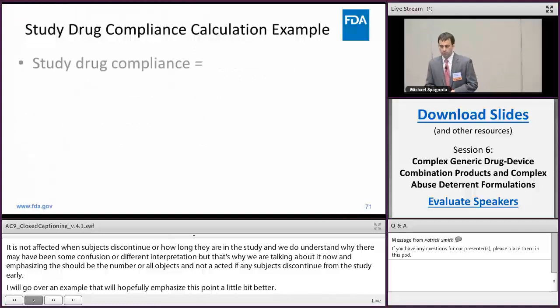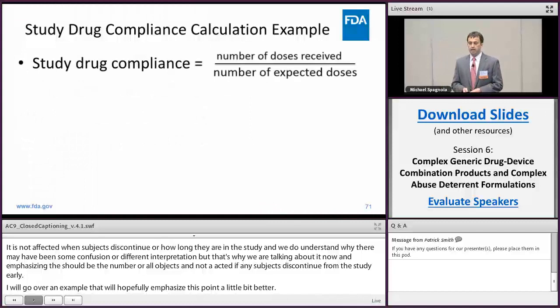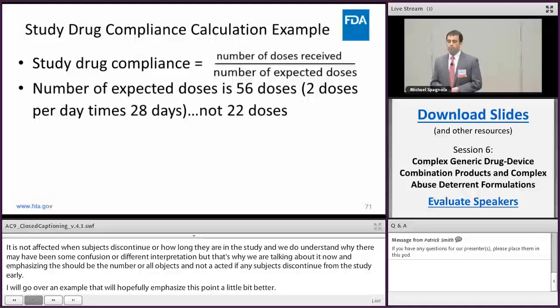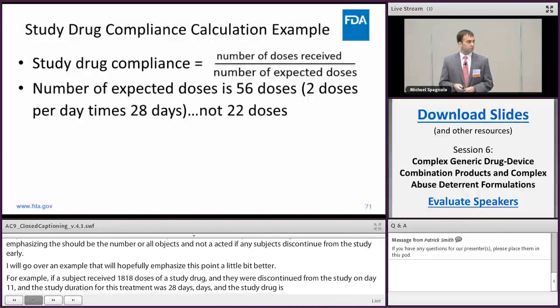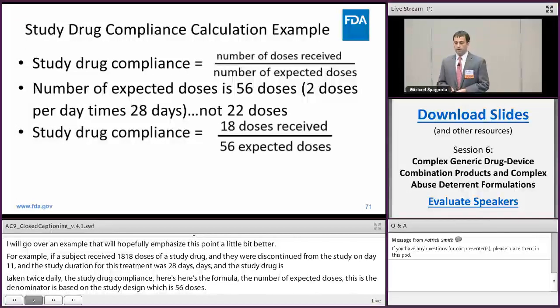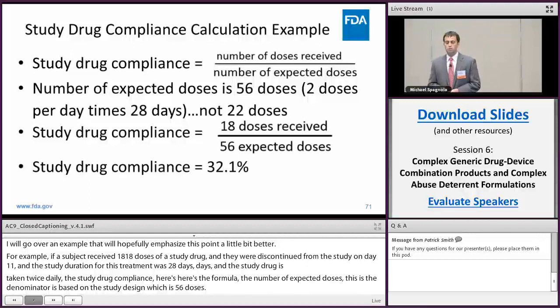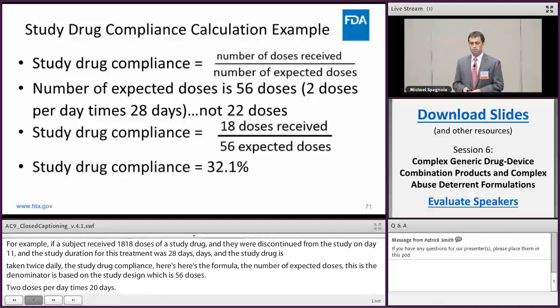The study drug compliance, again, here's the formula. The number of expected doses, so this is the denominator, is again based off the study design, which is 56 doses, 2 doses per day times 28 days, not 22 doses, 2 times 11. And so there's the formula, and so that would be the correct study drug compliance calculation for this subject.